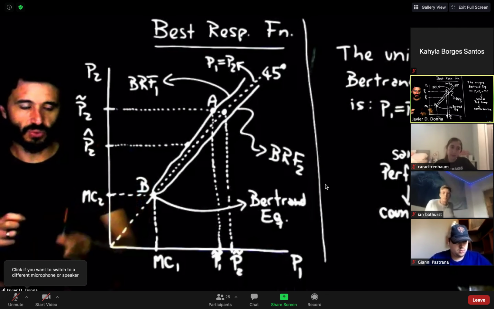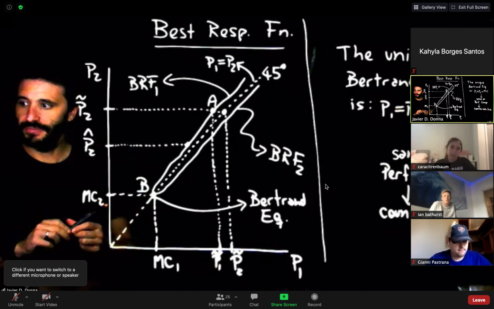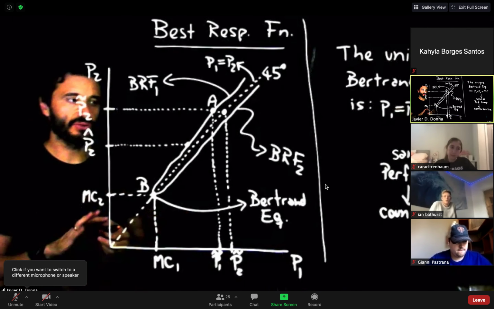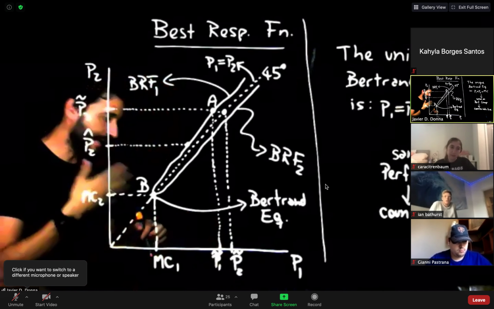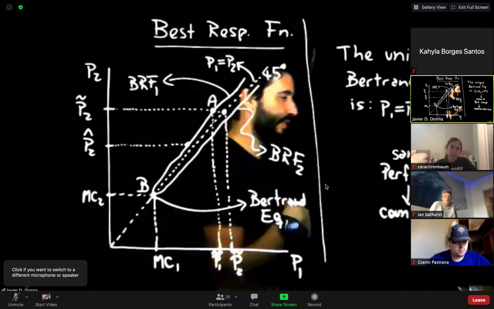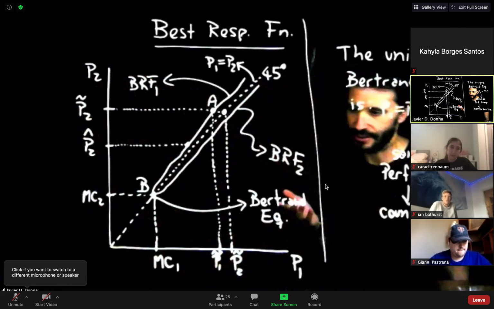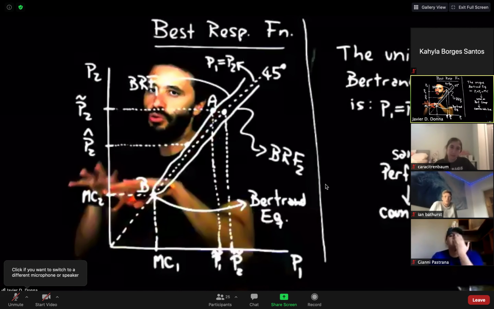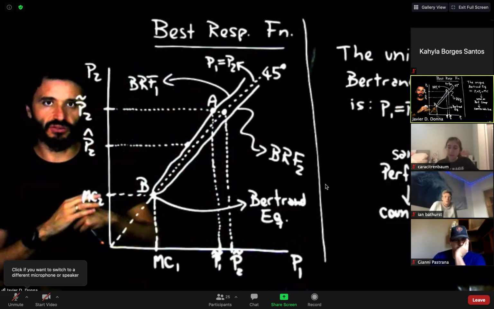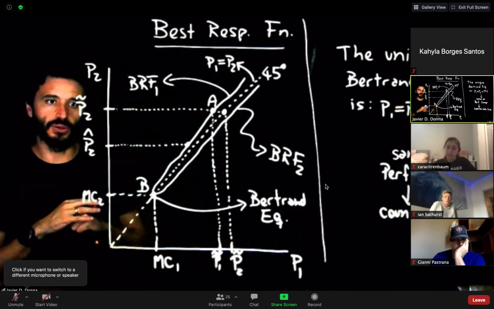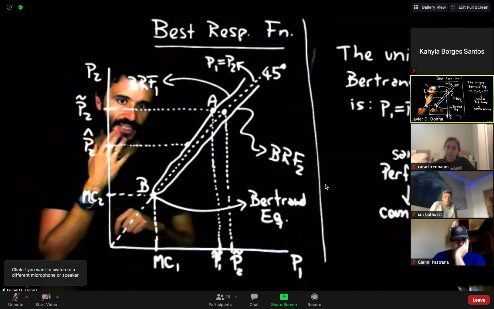The main reason why we obtain this result here is the fact that products are homogeneous. In the real world, if you think about the airline market, cereal, any product in the supermarket, there's going to be heterogeneity. Each of the products is not going to be identical from the perspective of the consumer. They do care about brands, they do care about other characteristics.